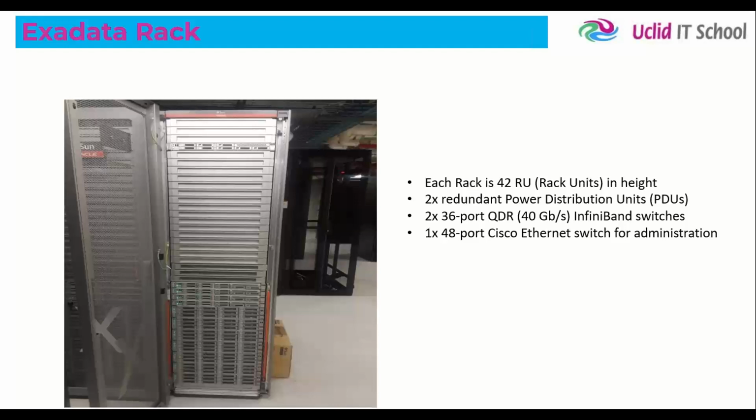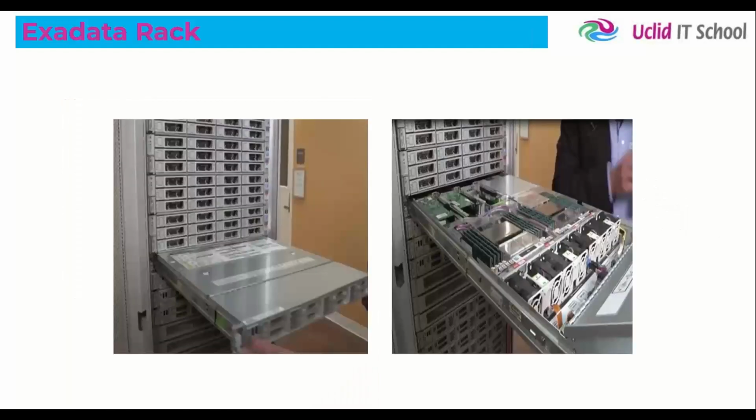So this is how the Exadata rack looks. Inside this rack, you have all the servers, all the switches, all the cables, all the power distribution units, all other components. You can see in this diagram, for example, one of the servers is pulled out. These are all blade servers.